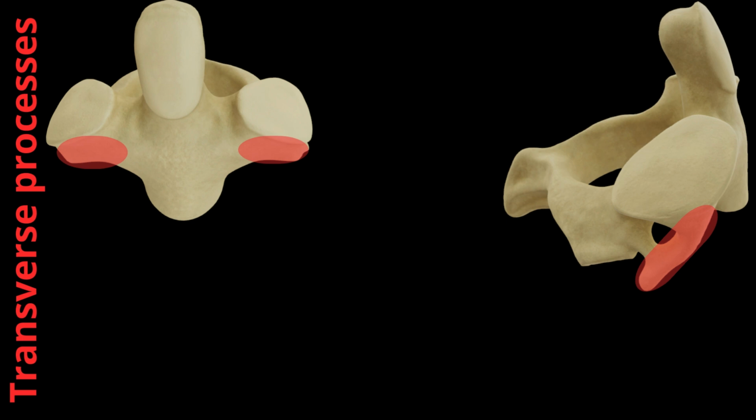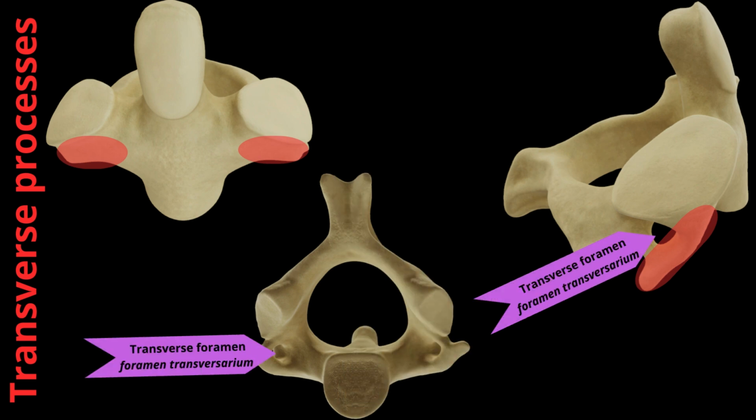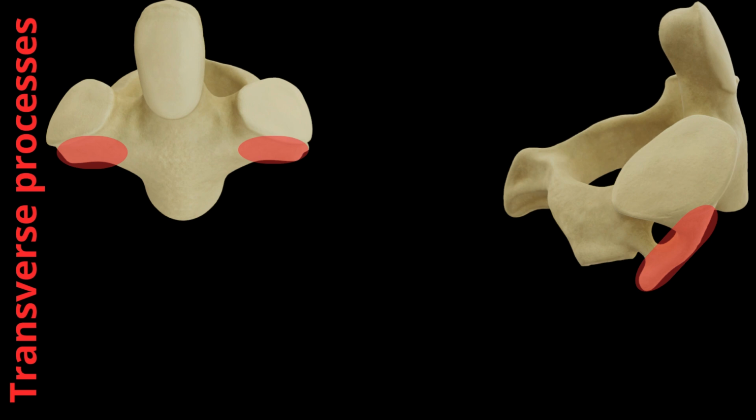Each transverse process is pierced by a foramen transversarium, transverse foramen, which is oriented obliquely in a superior and lateral direction. The vertebral artery and vertebral vein pass through the transverse foramina of the cervical vertebrae.